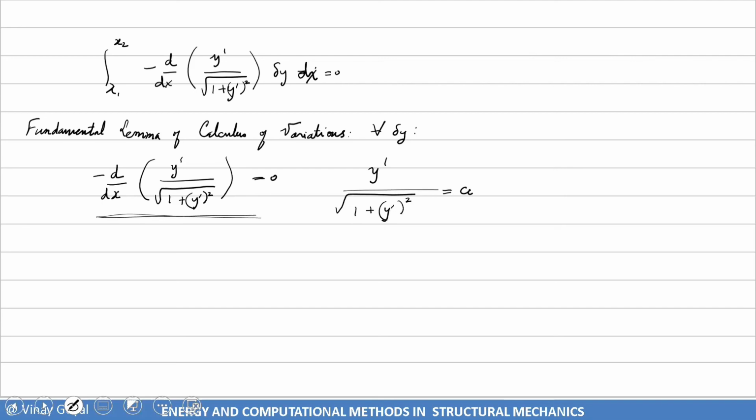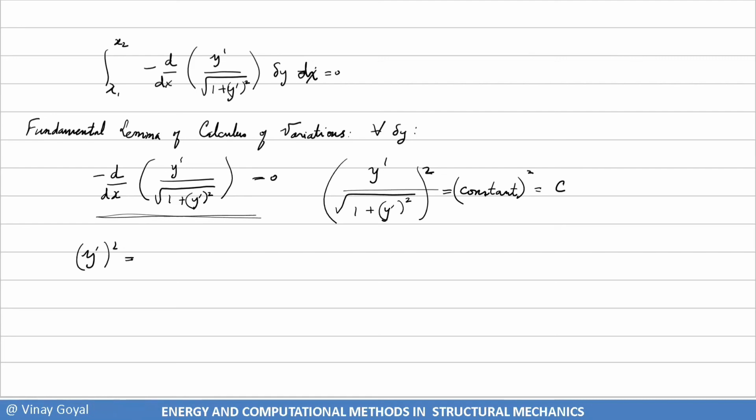And this is a constant. If I integrate it once, I can square this. So let's call that constant c again, because it's a square. I can now solve for y prime, right? And when I solve for y prime, it will be a square again.